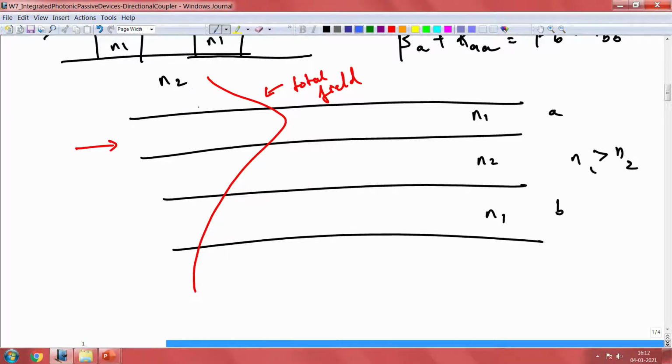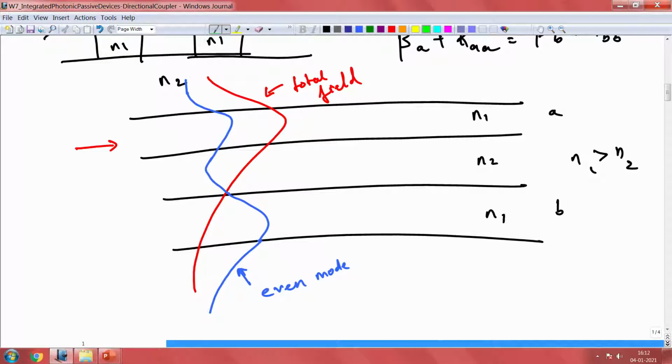So, I will pick one color here. It can have a solution like this. So, this is one solution, this is what we call the even mode or even solution, and then you will have the odd solution.